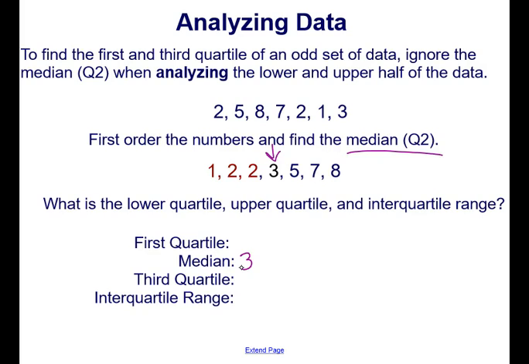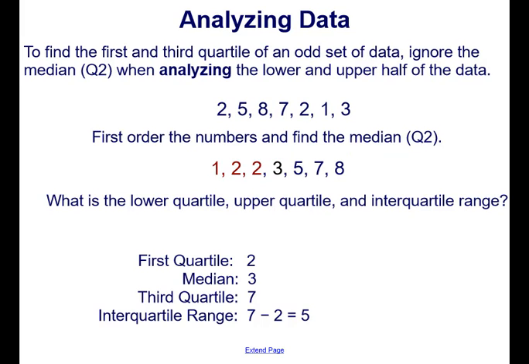So the first quartile will be the middle of the first set of numbers before the median. And then the third quartile will be the middle of the second, or the upper half, or the last 3 numbers after the median. And then the interquartile range, we can subtract those numbers. So the first quartile is 2.